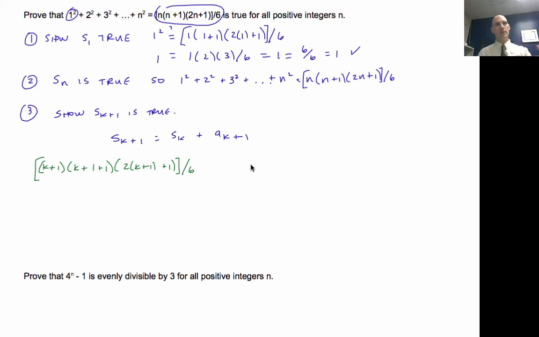So that's what it would be if we substituted in k plus 1 for every single one of these. What we need to show is that it's equal to S sub k, which we already know. We proved that that's true.